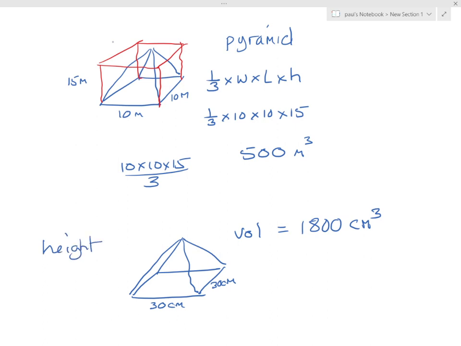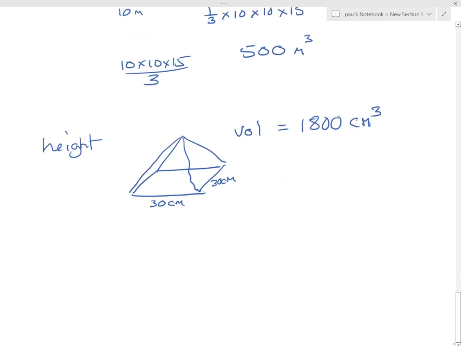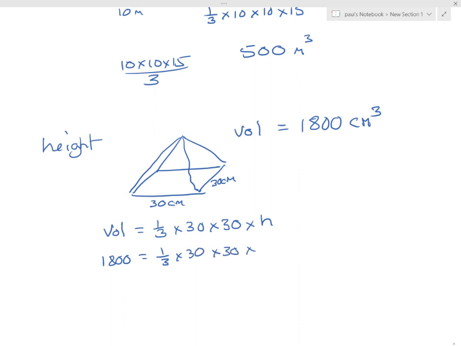And of course it's the vertical height. So let's put what we know into the formula. The volume is equal to 1/3 times 30 times 30 times the height, and we replace the volume with 1800.